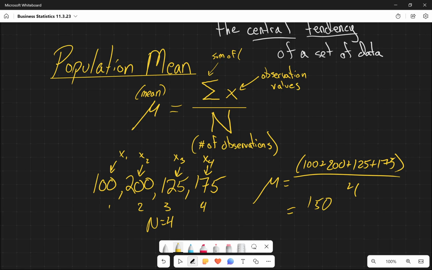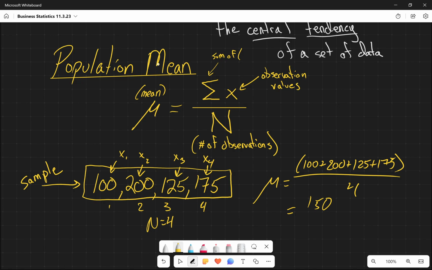The important part with this particular example that the book talks about, right, is to go back to our chapter 1 definitions. So this is just 4 people in our class, right? So this would be a sample. So this actually is not the best example because I said population mean, right?